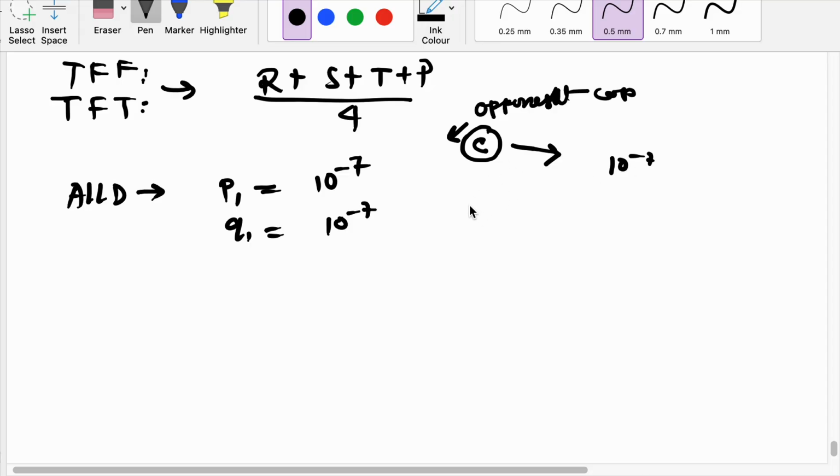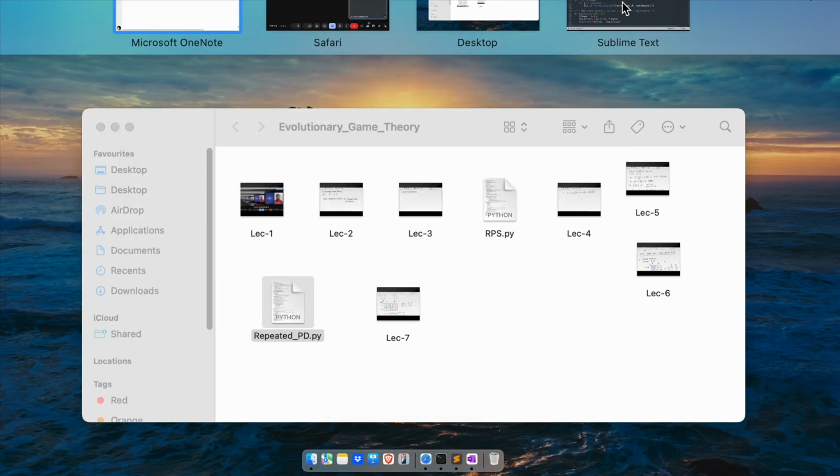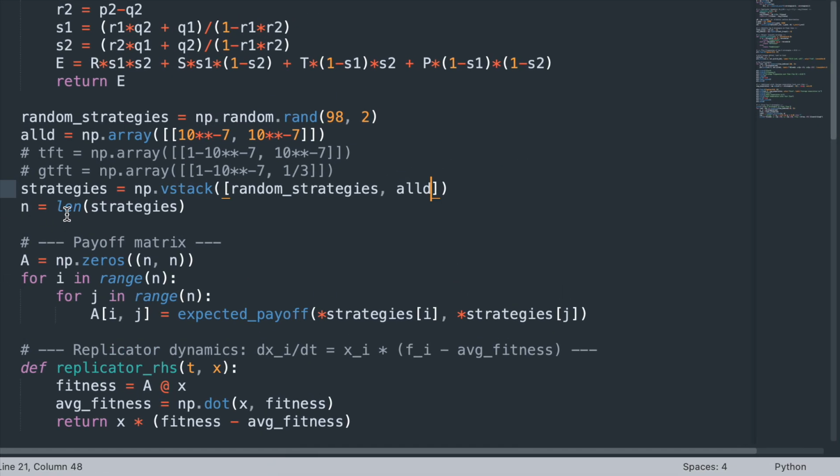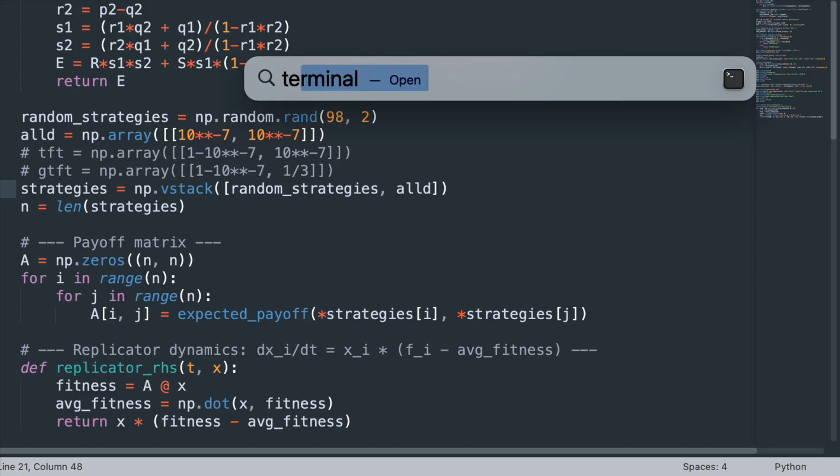And if my opponent defected in the previous round, the probability that I will cooperate in this round is again 10 to the power minus 7. So that is my ALLD strategy. And in the presence of ALLD, you can see if I run this code.